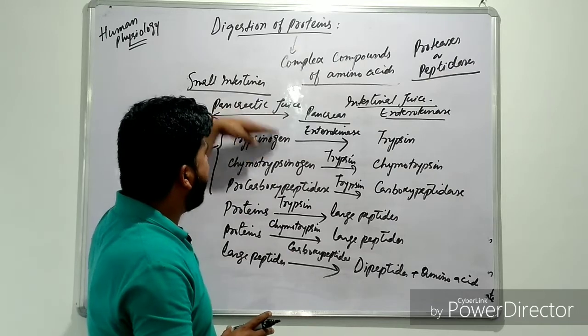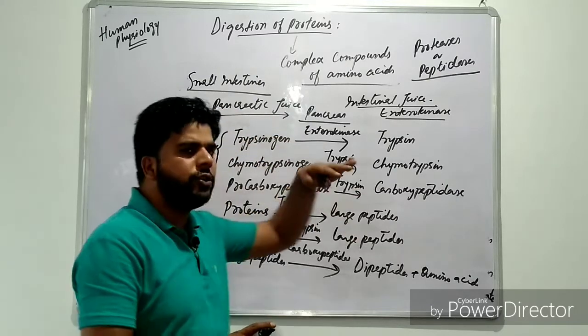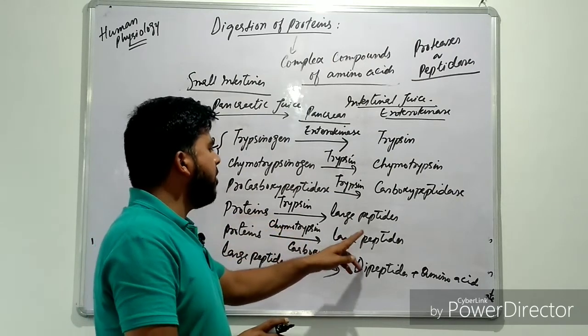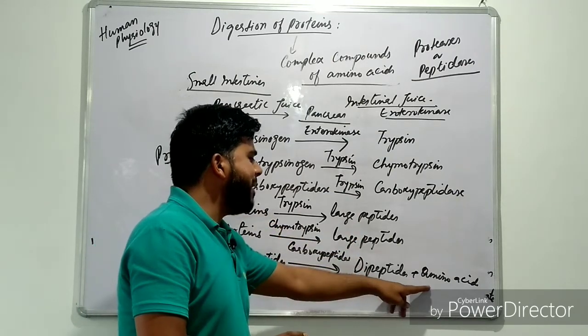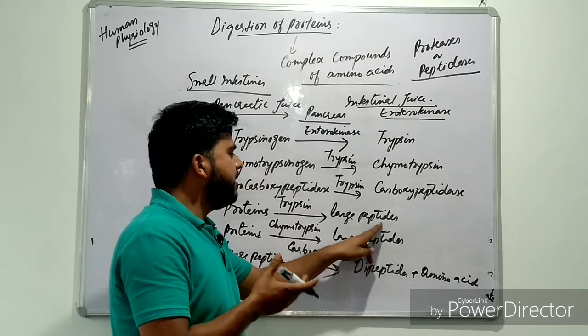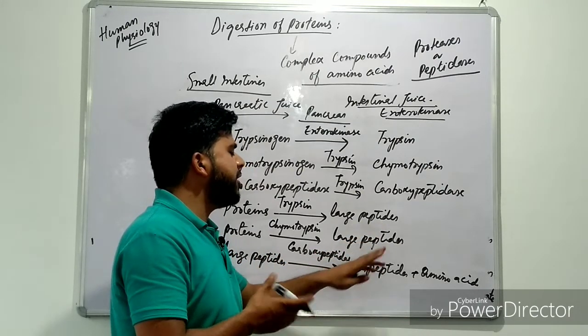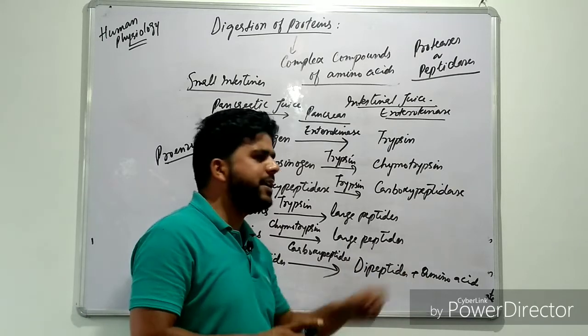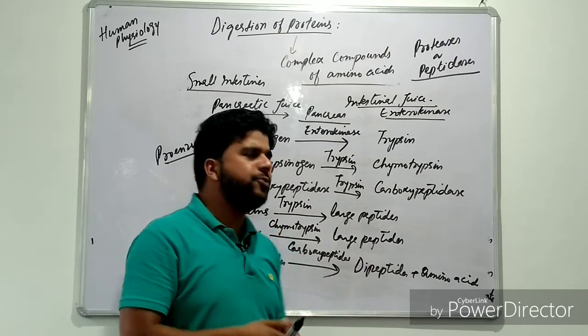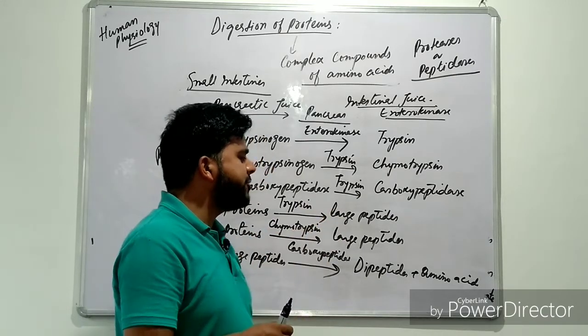So this is all the action of the pancreatic juice and its enzymes on the proteins. After the action of the pancreatic juice, we have dipeptides plus amino acids, but there is still a larger proportion of large peptides which are not yet converted into dipeptides and amino acids. Which enzyme converts those large peptides into amino acids?